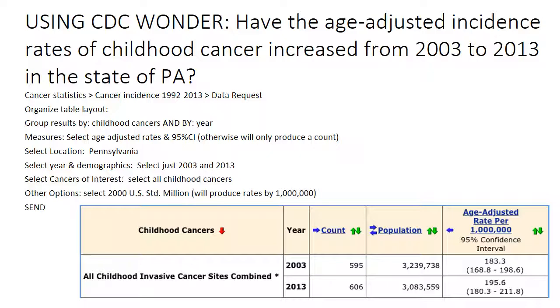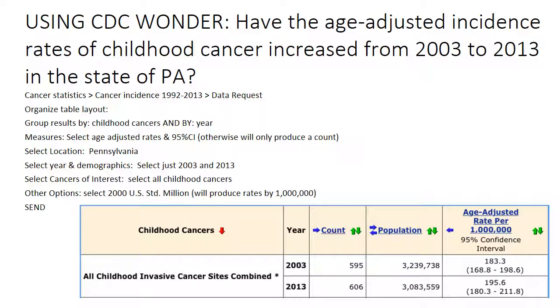We'll select the year and demographics. We're only going to select 2003 and 2013. You can do that by using the Shift key and clicking both those 2 years. Or it might be the Control key on your computer. Play around with that till you just get those 2 years selected. Then we're going to select the cancers of interest.